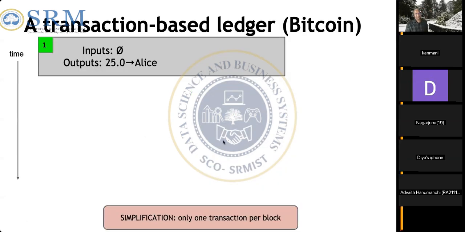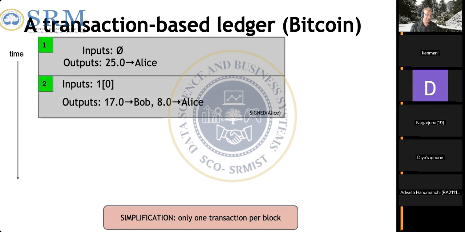So now let us see, given that we have this transaction-based ledger, how we can verify the same kind of thing. Let's say that Alice has got 25 coins. So this is a create coin transaction, so we got it. And then Alice created a new transaction with ID 2, where she inputs the coins she got.